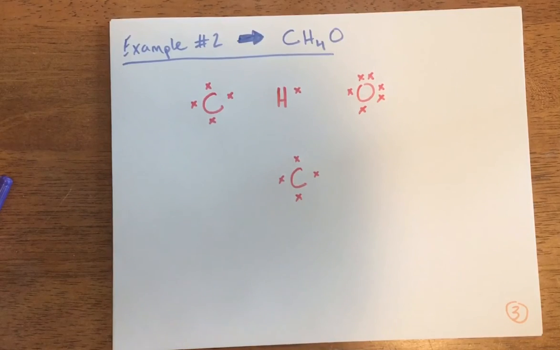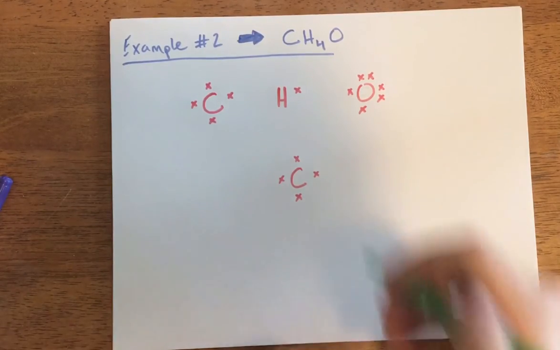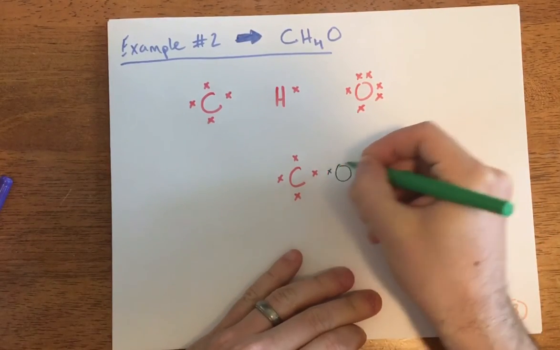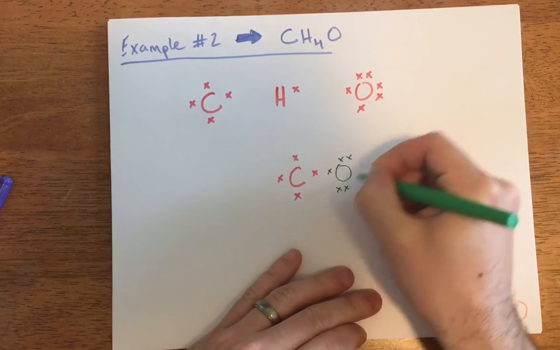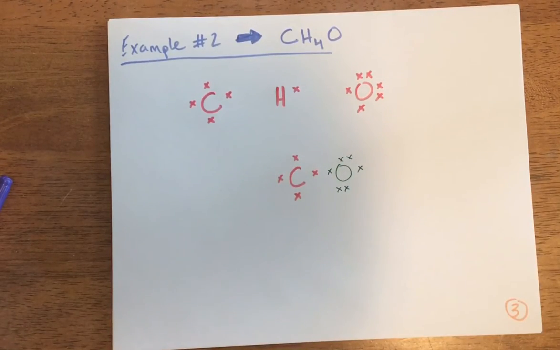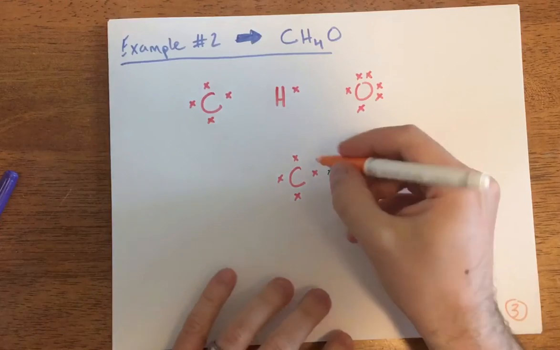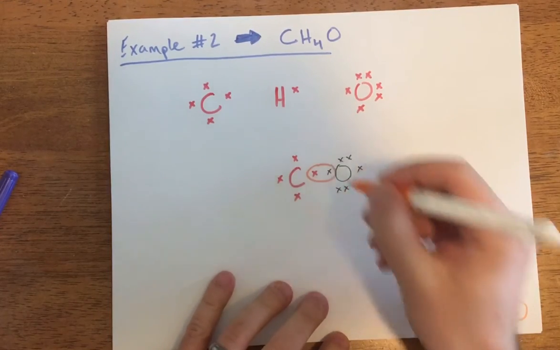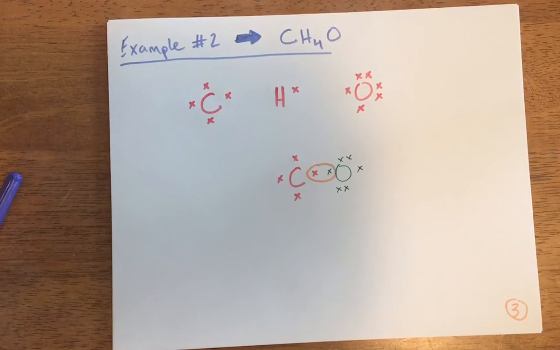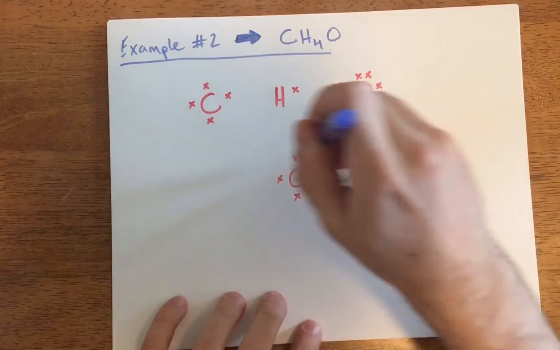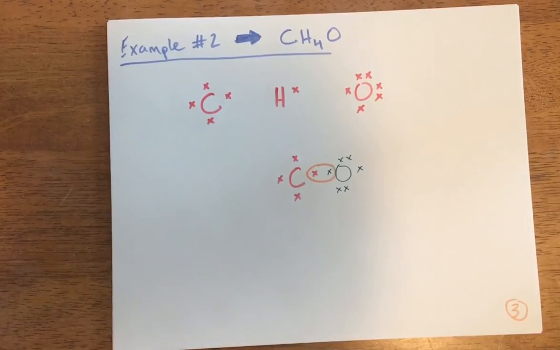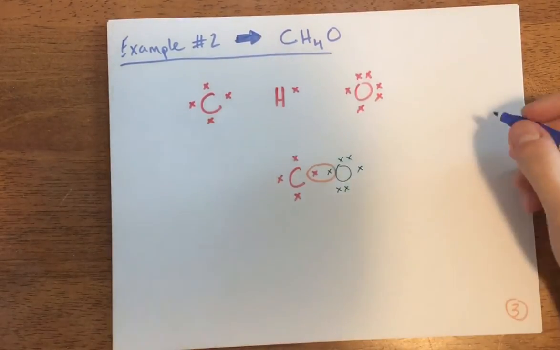So let's do oxygen as another color again. So oxygen, 1, 2, 3, 4, 5, 6. Now you notice I've done something a little bit different here, which is that I've put the single electrons on the other side of each other, so they don't get caught up. Now I have 1, 2, 3, 4 electrons not paired up, and I need these hydrogens each to get a buddy.